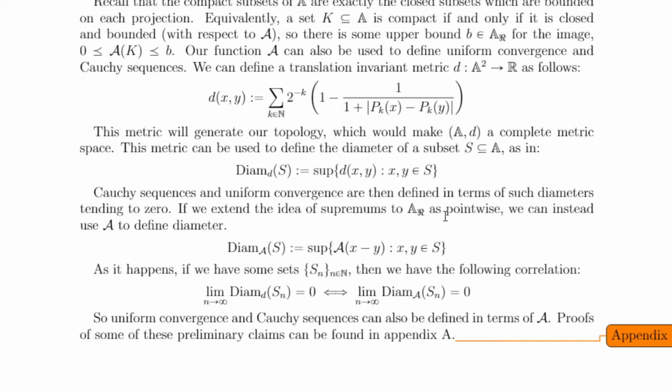The supremum would just be pointwise. Essentially, the first projection of the supremum of a set is the same as the supremum of the first projections, and likewise for the second projection, the third projection, and so on.